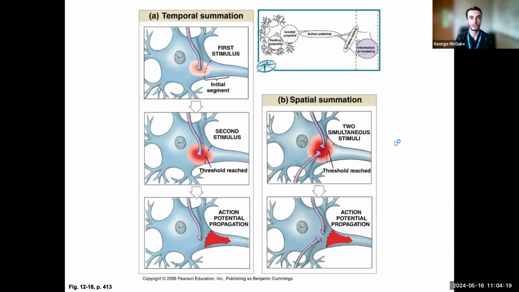Or we can have spatial summation, where multiple axons are synapsing at that axon hillock. And so if they are both sending the same signal at the same time, that combination, or even if they have different signals, it's still spatial summation. It's the summation of all the signals in that space. So it could be temporal, referring to time, or spatial, referring to how close two or more different axons are on the same neuron.